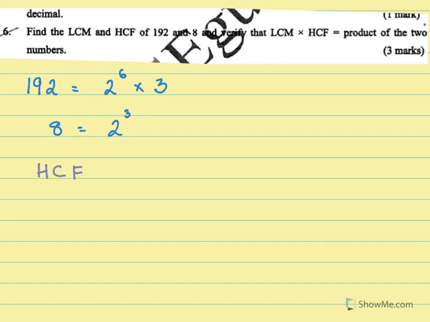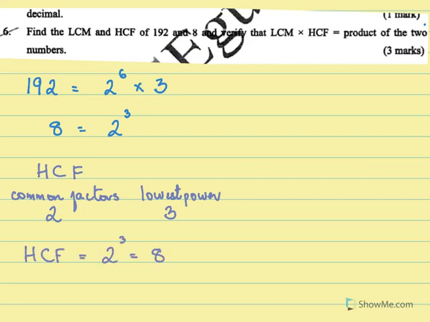Now to find the HCF, we take common factors and lowest power. The common factor you see is 2. It's common for both. The lowest power is 3. So HCF is 2 raised to 3, which is 8.